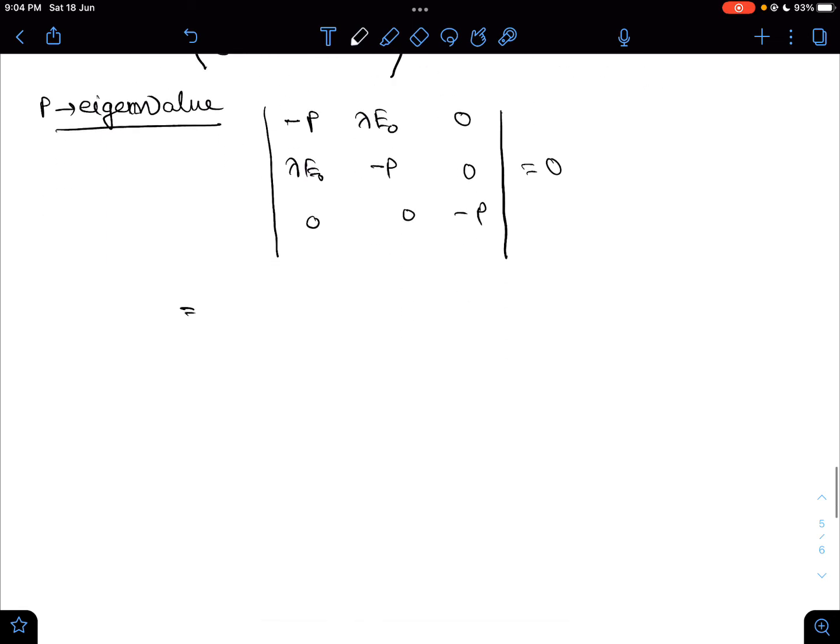If we proceed, we have minus P here, we have P square minus 0, and in the second term we have lambda E0.